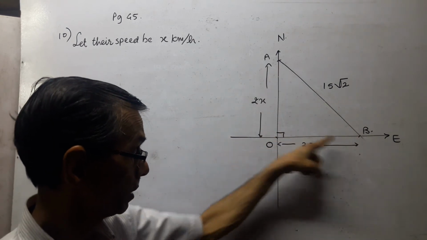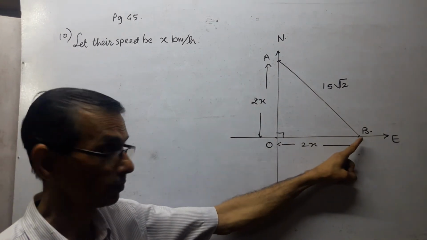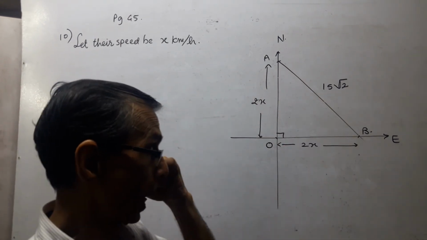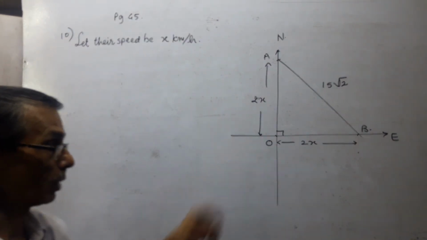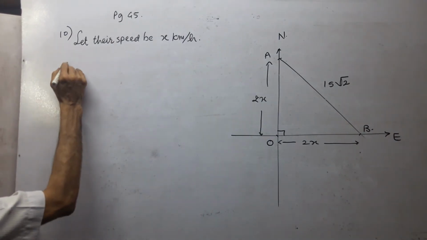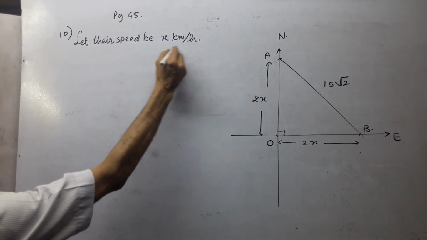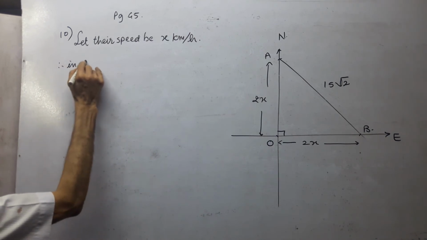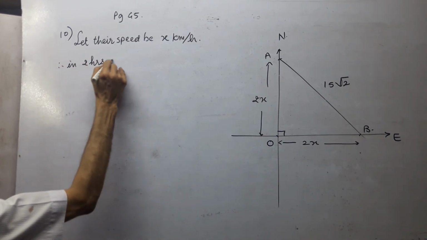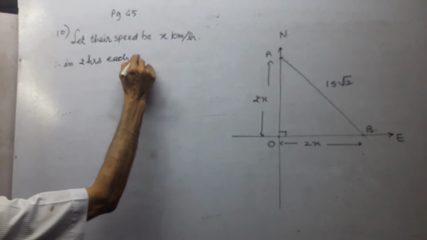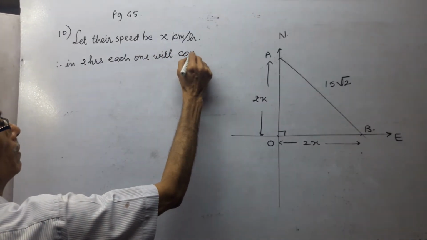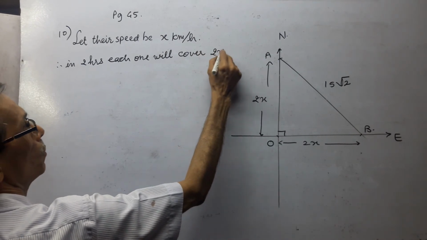So don't take this as distance, this direct distance is called displacement in physics. So the distance between them is 15 root 2. And therefore we have to apply Pythagoras theorem, as shown in the diagram. Let the speed be x kilometer per hour, and therefore in 2 hours each one will cover 2x kilometer.